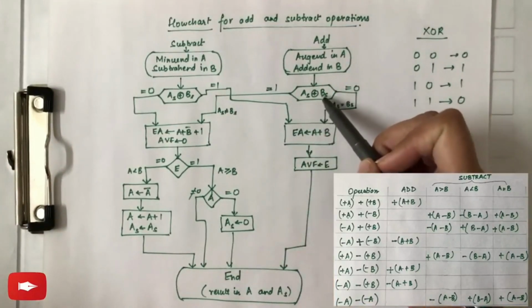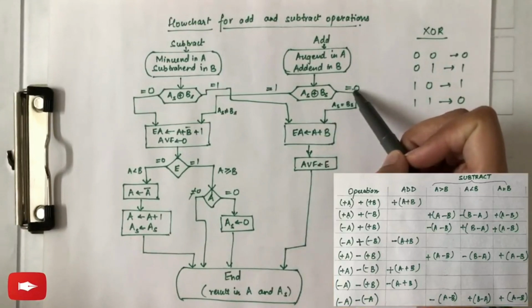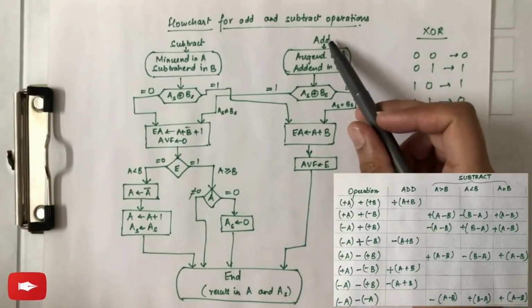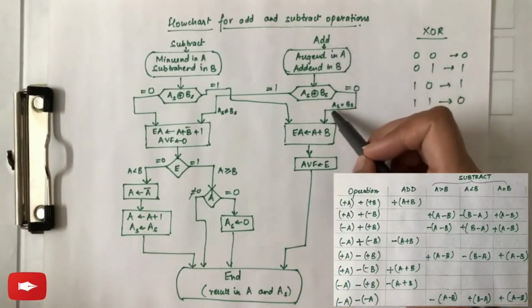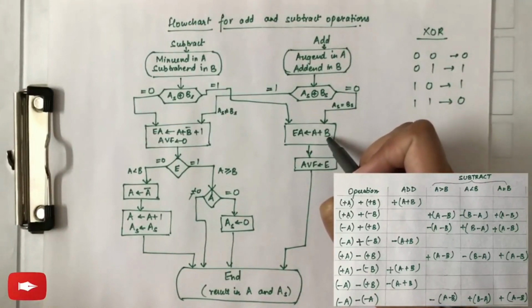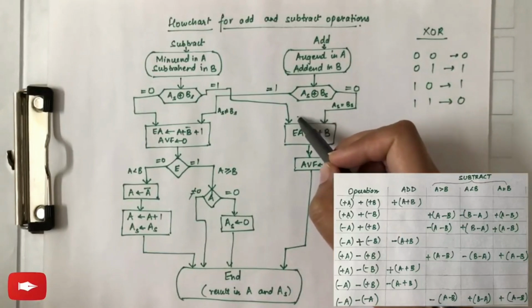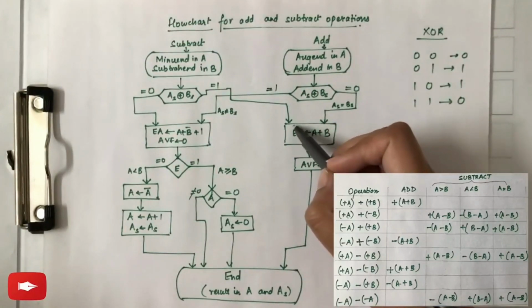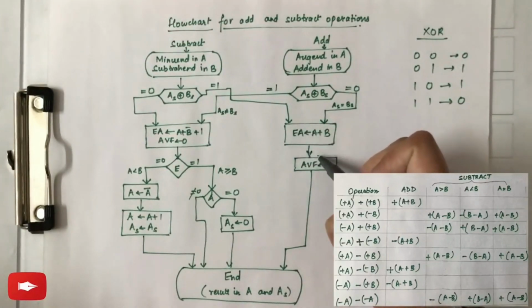Addition of A and B is performed here, and the result is stored in EA, and the value of E is transferred to AVF, which is the add overflow flip-flop.